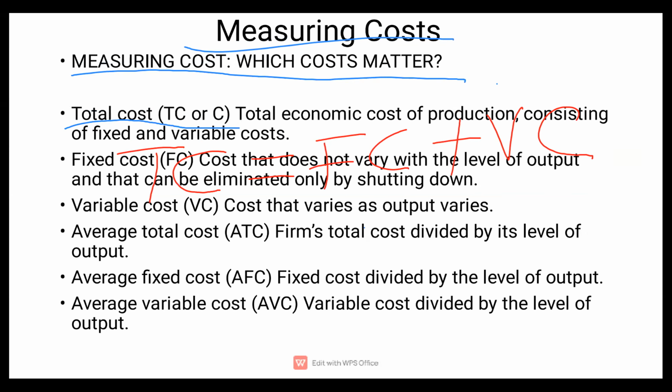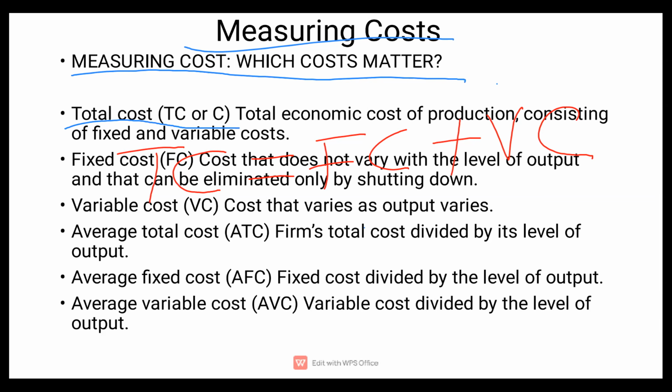Now, what are fixed costs? These simple definitions are very important because they help the examiner to see whether you understand what you are really learning. For example, the fixed cost does not vary with the level of output, and it can only be eliminated by shutting down.